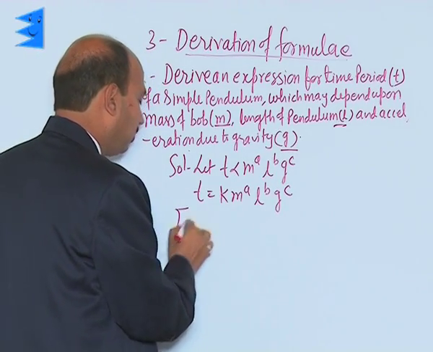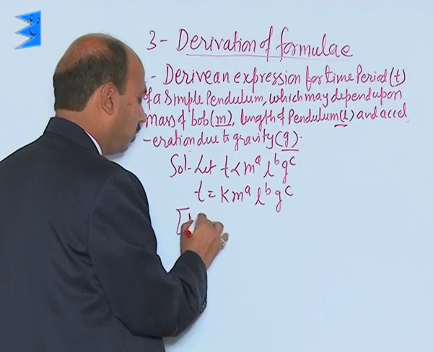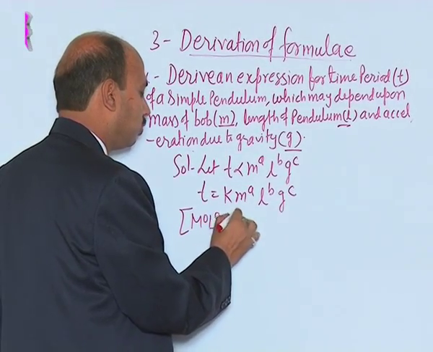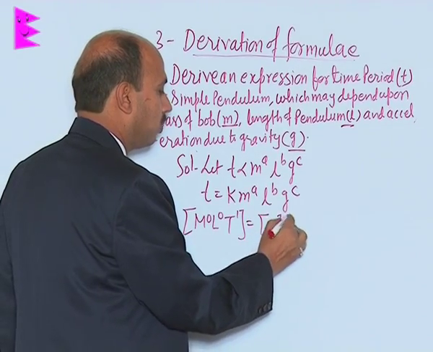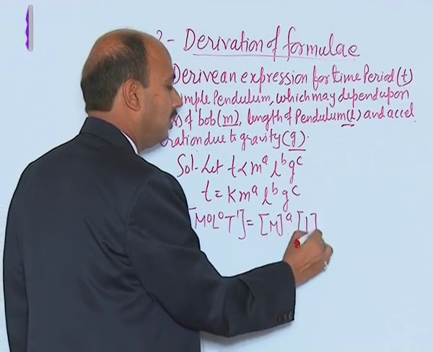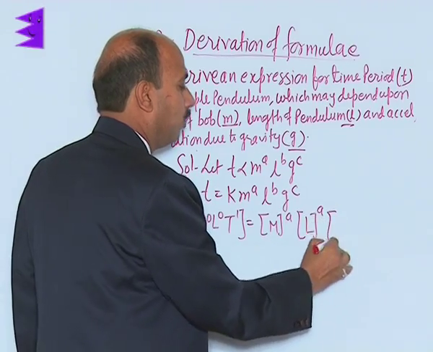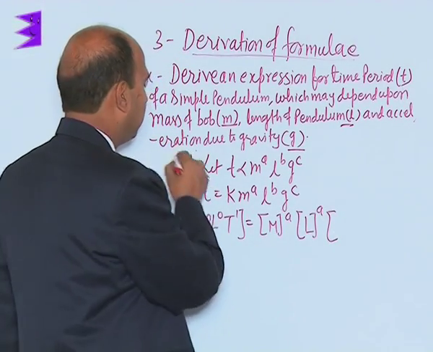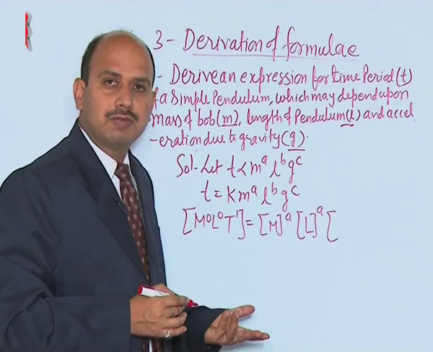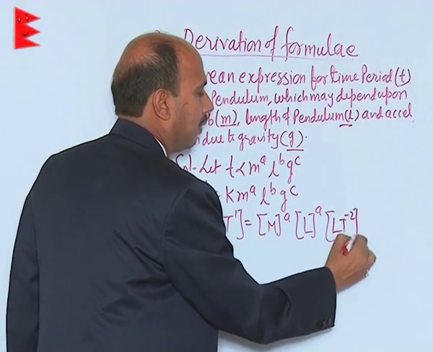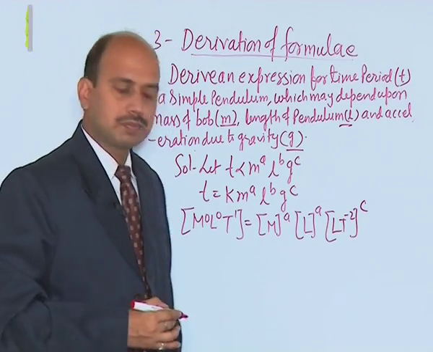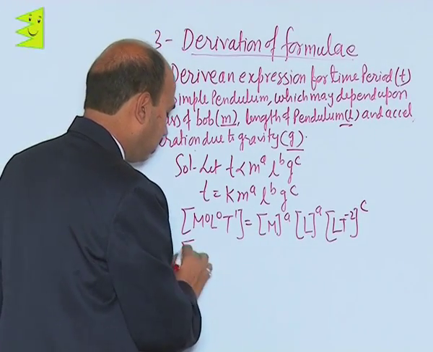We can write the dimensional formula for all: M0 L0 T raised to power 1. For m we can write M raised to power a, for length we can write L raised to power b. For g, which is acceleration due to gravity, it has the same dimensional formula as acceleration, so we can write (L T raised to power minus 2) raised to power c. We can solve it here.